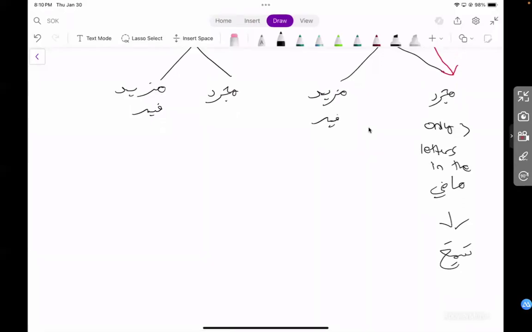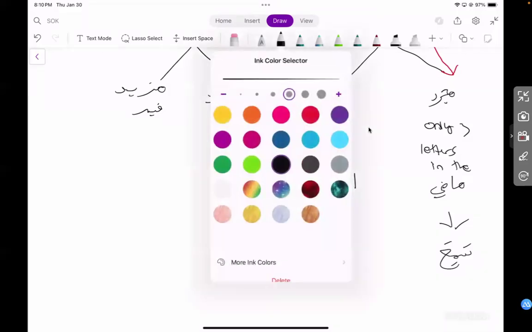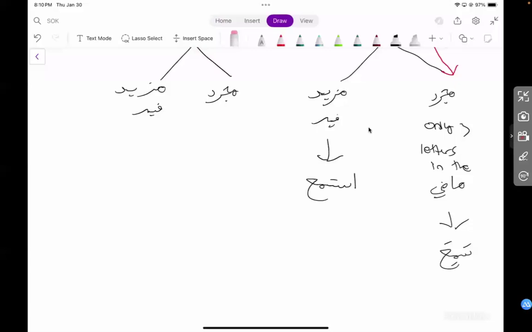Now, you also have other verbs sharing the same root letters as sami'a, but they have extra letters in their madi. For example, you might have read in the Quran or in a hadith the word istama'a. Note that there are two extra letters here, this alif and the ta.